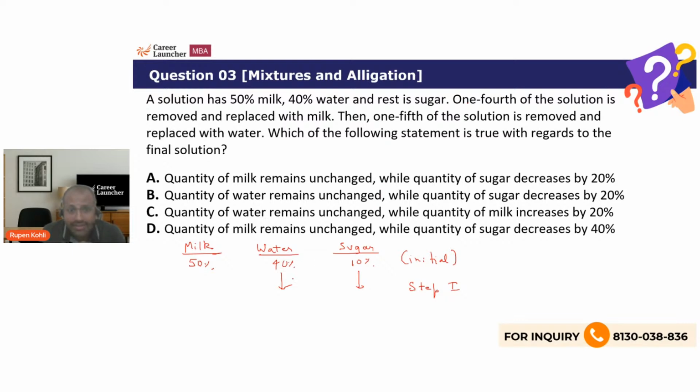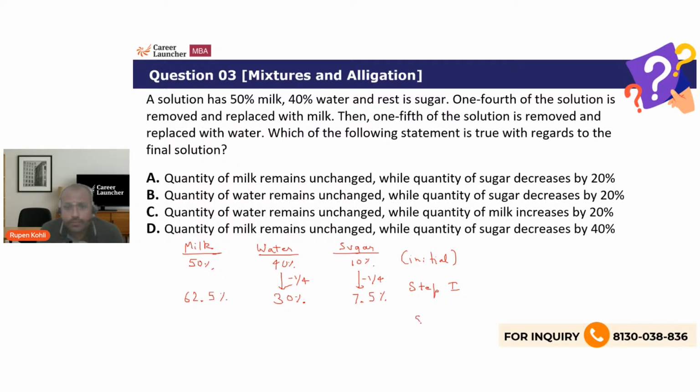So a decrease of 1/4 means the concentration becomes 3/4 of the initial. So 3/4 of 40 is 30% of water remaining, and 3/4 of 10% is 7.5% of sugar remaining after step 1. This is 37.5, so the remaining milk becomes 62.5, 100 minus 37.5 is 62.5.